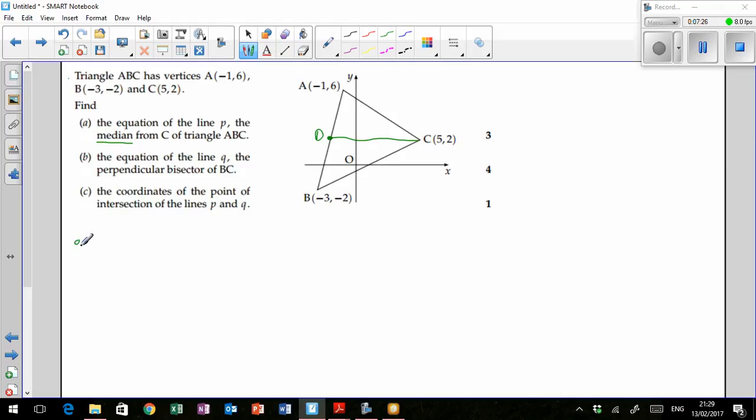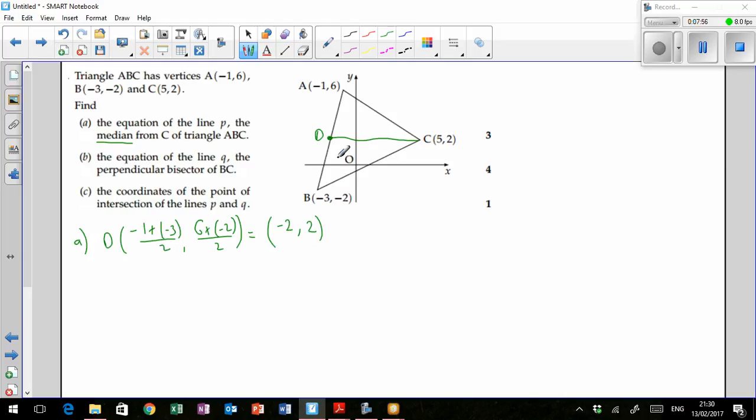Okay, so for part A, D is going to be the midpoint of AB. So minus 1 add minus 3 over 2, and then 6 add negative 2 over 2, which is negative 2 and 2. Okay, so there's your midpoint.